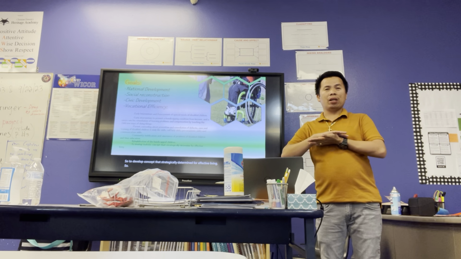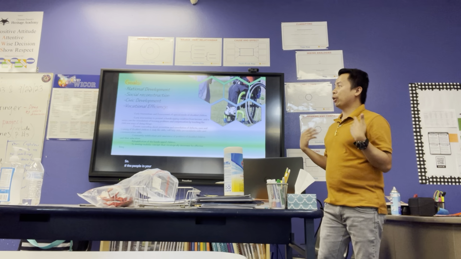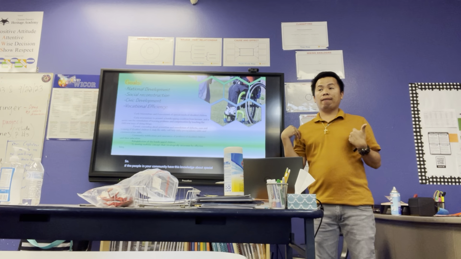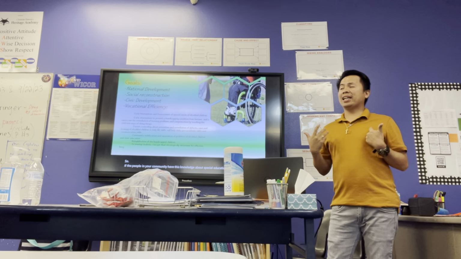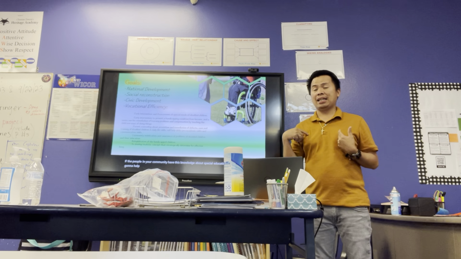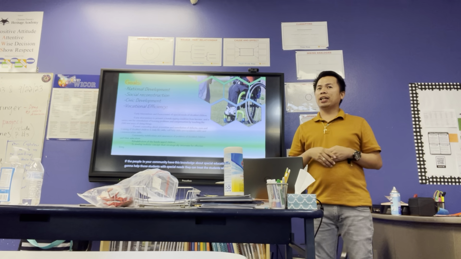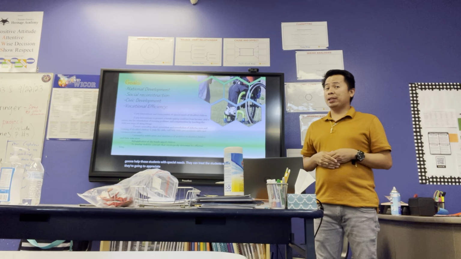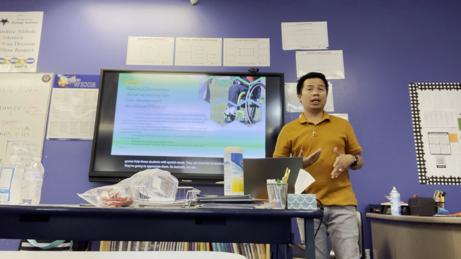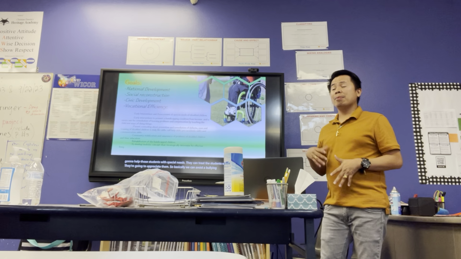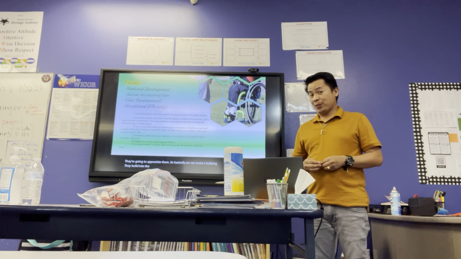If the people in your community have this knowledge about special education, for sure they can help those students with special needs. They're going to appreciate them. Basically, we can avoid bullying and labeling of people with special needs, something like that.